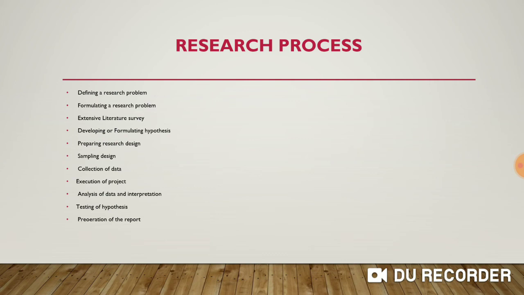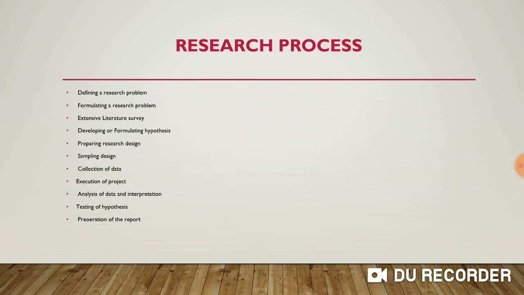In the entire research process, the first step is to define the research problem. Dear students, the researcher needs to define the research problem on which he is going to study. Whatever problem he is going to study, first of all, he needs to define the correct and specific research problem. Second step is formulating a research problem.